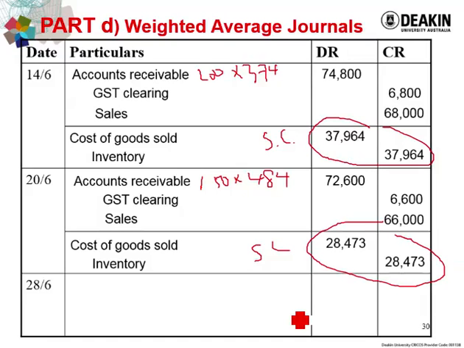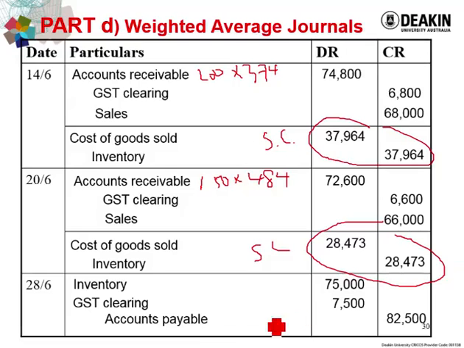On 28th June, we purchased 250 tables at $330 GST inclusive each. So we credit accounts payable 82.5K, which is 250 multiplied by 330 GST inclusive amount, and you debit inventory 10 over 11, 75K, and debit GST clearing 7.5K, 1 over 11.